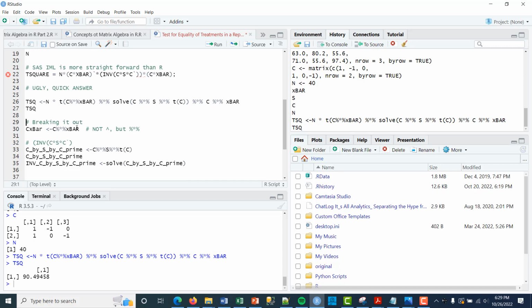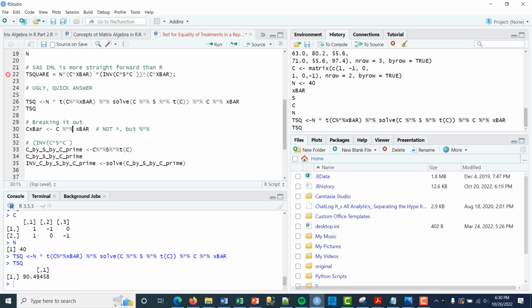Okay, so then if we break it out, we can just calculate this thing in chunks. This chunk right here, C X bar, is going to be the quantity of the C, the contrast matrix, times x bar. Something important to note in R is that when you do scalar multiplication, it's just this asterisk.